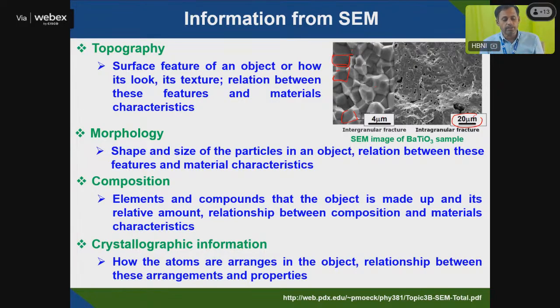So topographic information tells how the sample looks, and the relation between these features and the material characteristics. The second thing it gives is morphology, the shape and size of the particles.